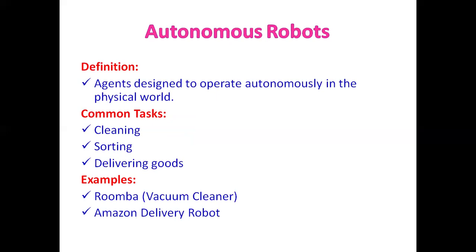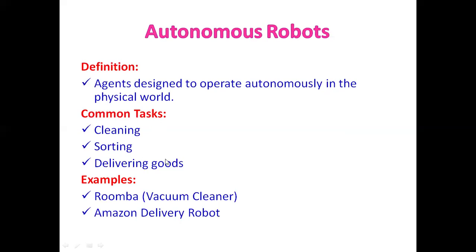Next, we will move on to autonomous robots. Autonomous robots are agents designed to operate independently in the physical world without human intervention. These robots are capable of performing tasks such as cleaning, sorting, or delivering goods efficiently.